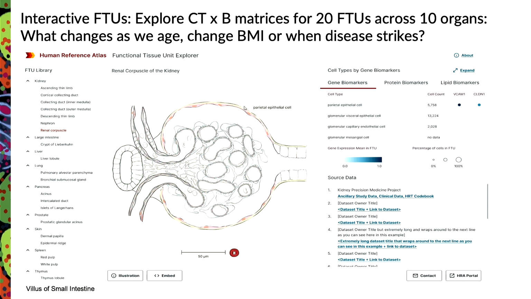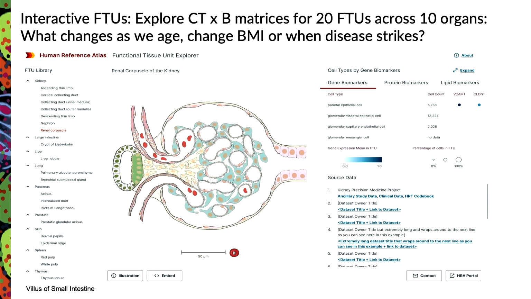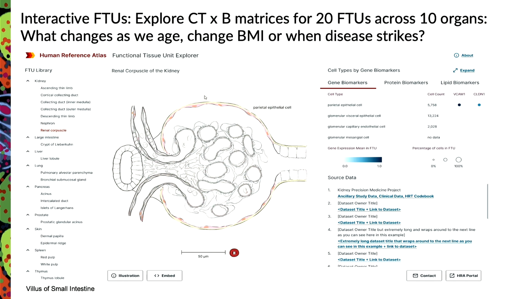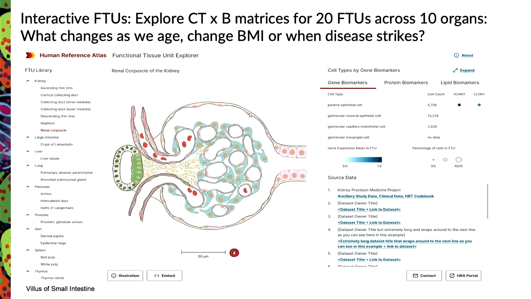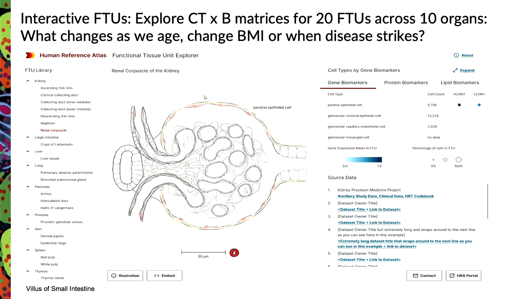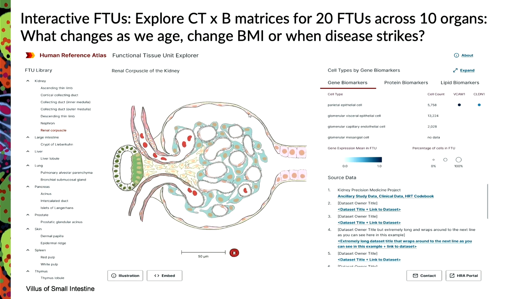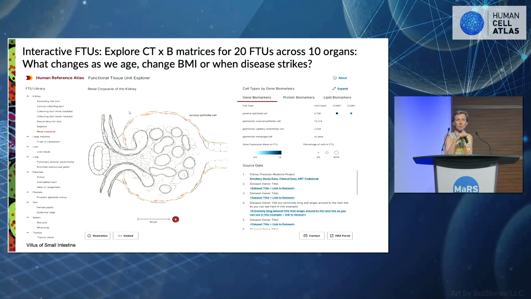Very soon, the Functional Tissue Unit Explorer will become available. This work was very much inspired by the anatomograms that the EBI team brought together, but also the KPMP team has on their website portal the FTU Explorer, as I would call it. And both teams have tried hard to segment out functional tissue units and then to display not just gene by cell matrices, but also protein by cell type matrices or even lipid biomarkers for single cells, or here in this case, functional tissue units.